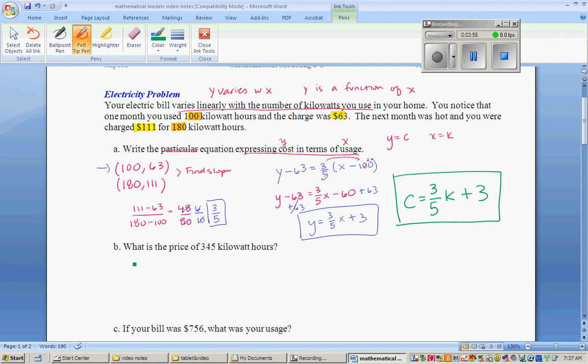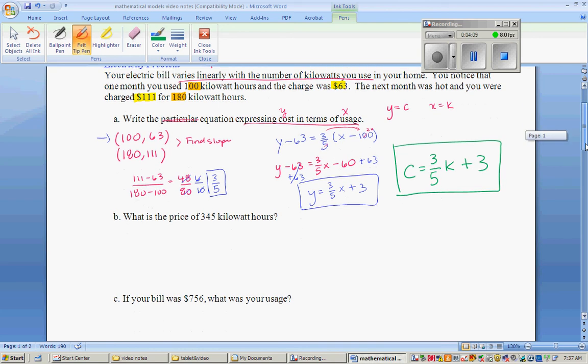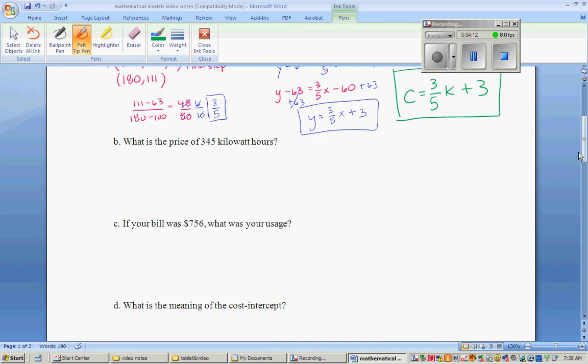So in step B, when they say, what is the price of 345 kilowatt hours? With this equation, we can answer any question about kilowatts. We can answer any question about what your bill is going to be by just plugging it in for the appropriate variable. So the price of 345 kilowatt hours, let's plug in 345 into K. So we're going to say C equals 3/5 of 345.